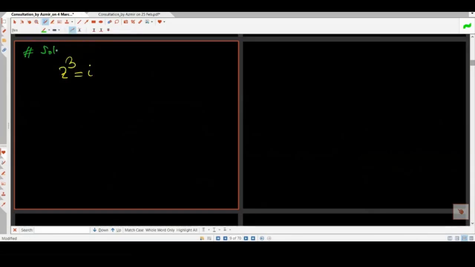So our target is to solve the following equation. Here you can see that we have z cubed equals i. Depending on the highest power of z, we can easily understand that there will be 3 solutions.